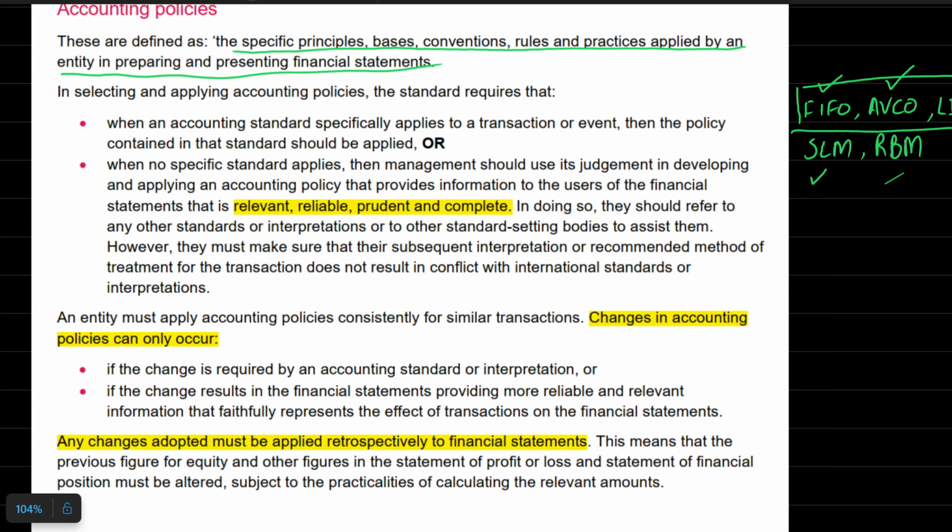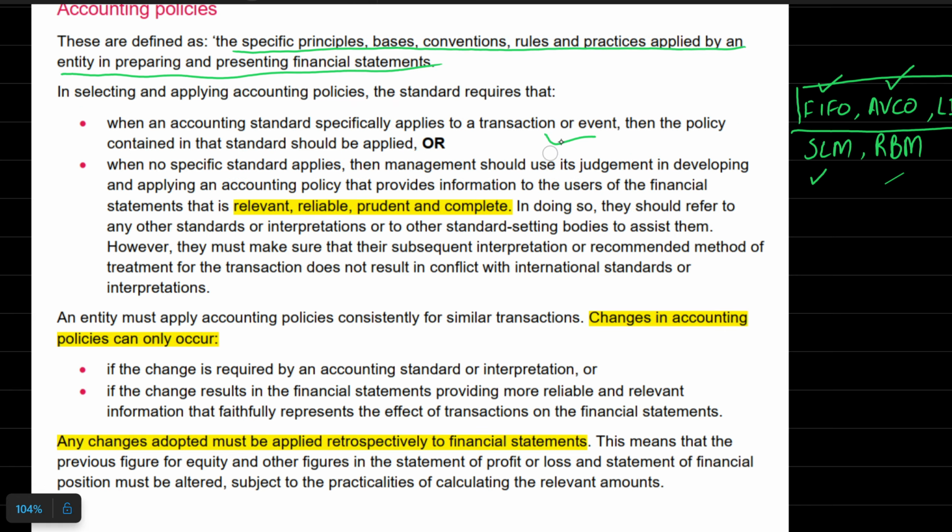IAS 8 says when for a specific accounting policy an accounting standard is available, we will follow accounting standard. If for a specific policy there are guidelines from a specific IAS, we will follow that IAS.